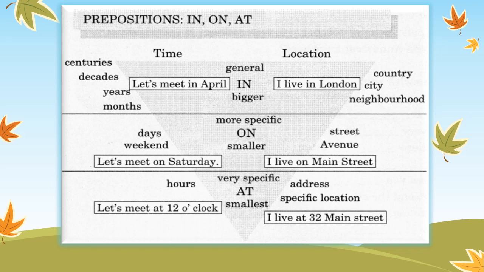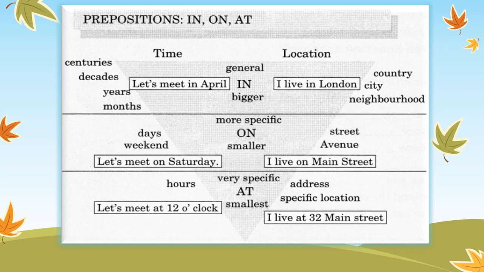And when we use in terms of location, we might be talking about a place which has a comparatively bigger geographical area, such as a neighborhood, city, or country, a continent even.